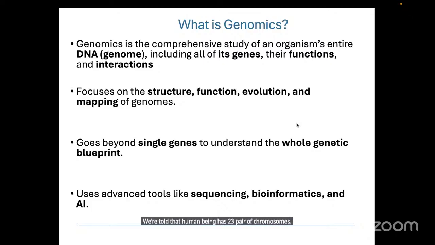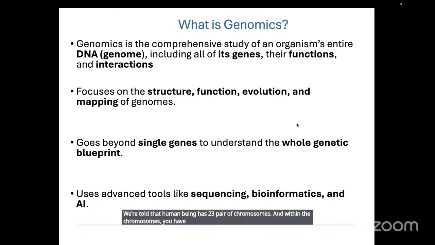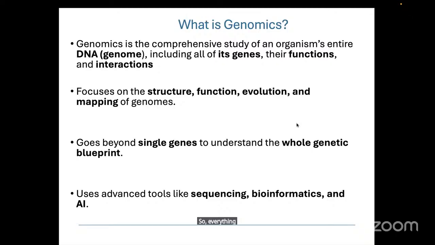And within the chromosomes, you have this DNA that goes around the histones. So everything there is the genome. It's genomics. So it includes its genes, their functions, and their interactions. It focuses on structure, function, evolution, and mapping of all of the genomes. It goes beyond a single gene.